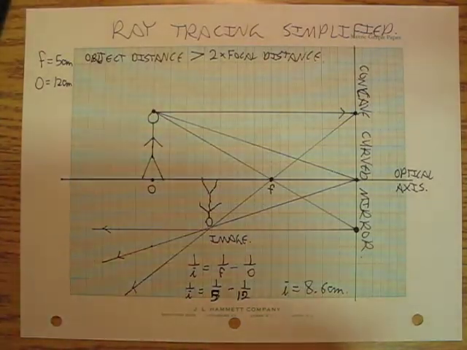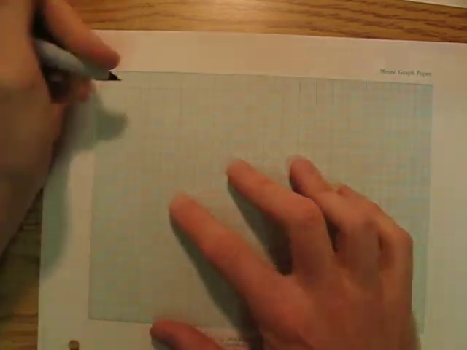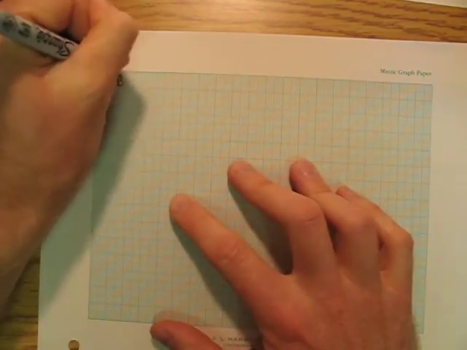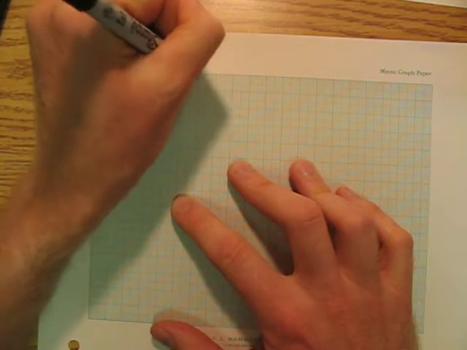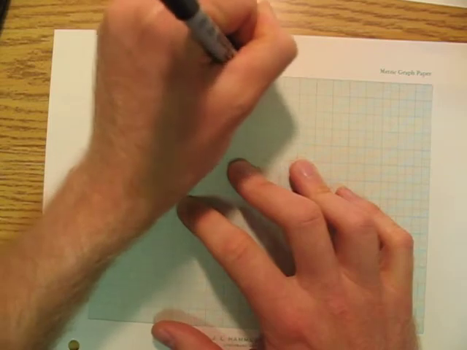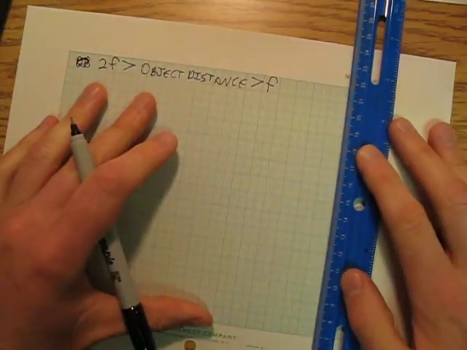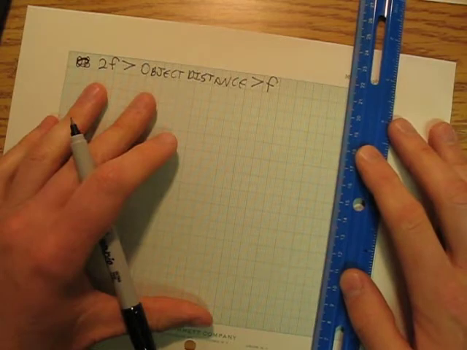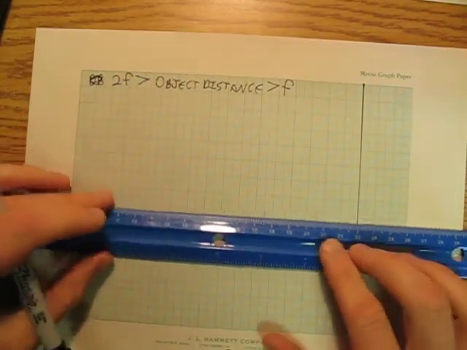I want to get 2 examples on here. So the next one that I want is 2F is greater than O is greater than F. Okay, so I'm going to have my mirror. I'm going to have my optical axis.